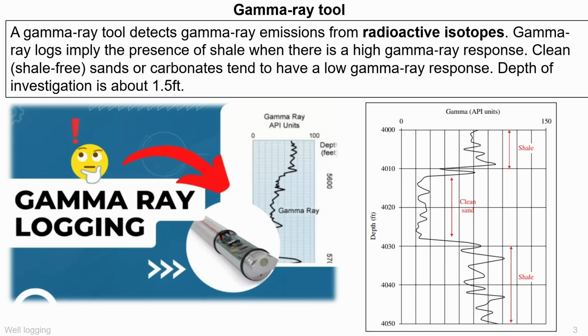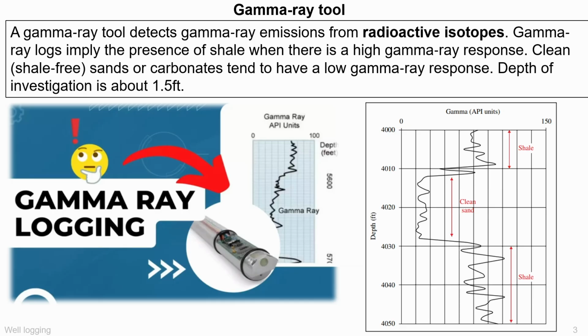The gamma-ray log is one of the most common and important lithology logs. It detects natural gamma-ray emissions from radioactive isotopes in the formation.